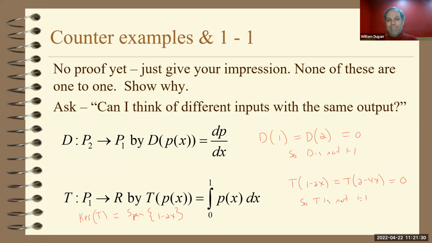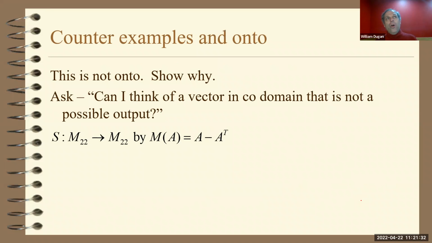Easy, right? Now you may want to know, why would a function not be onto? You need to know what the range looks like in general. I actually gave you the range for this one. The range of this transformation was equal to the span of the matrix 0, 1, -1, 0. So all I need is some matrix that's not in that span.